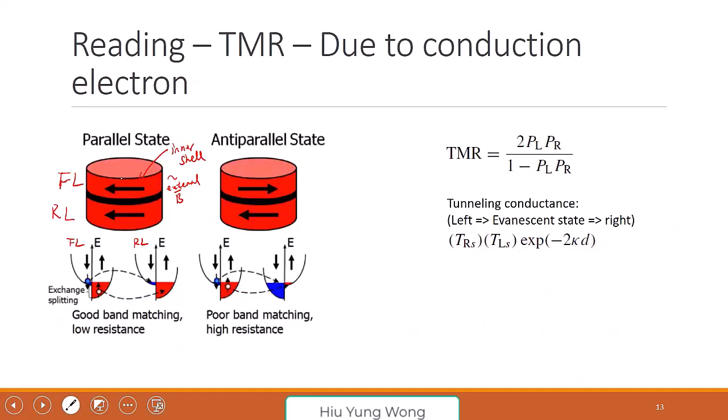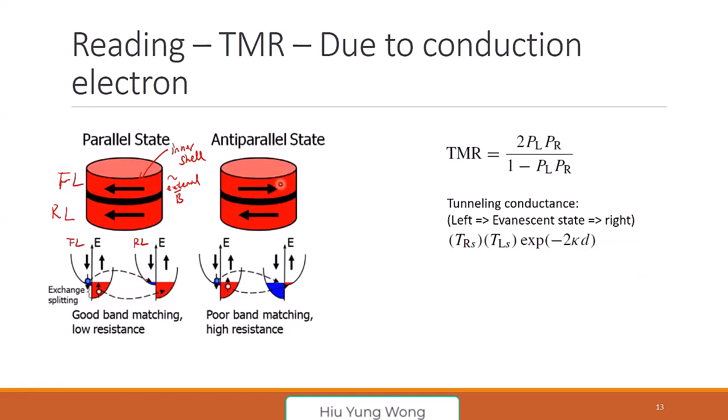Right, but anyway, the point is the inner shell is just like an external magnetic field. They're pointing in the same direction, so I split them into two layers, right? The free layer still has less pointing down and more pointing up. The reference layer also has less pointing up and more pointing down. It really depends how you write it.